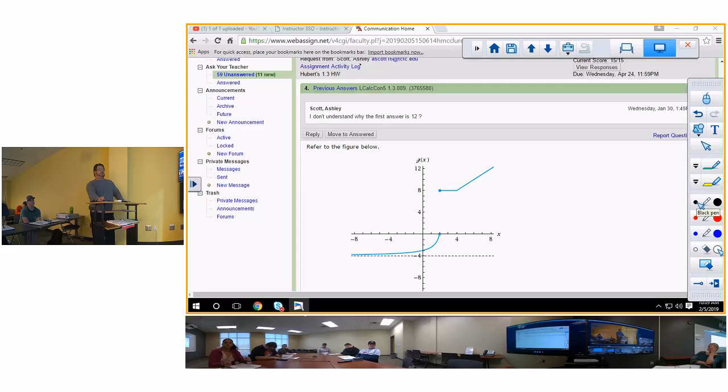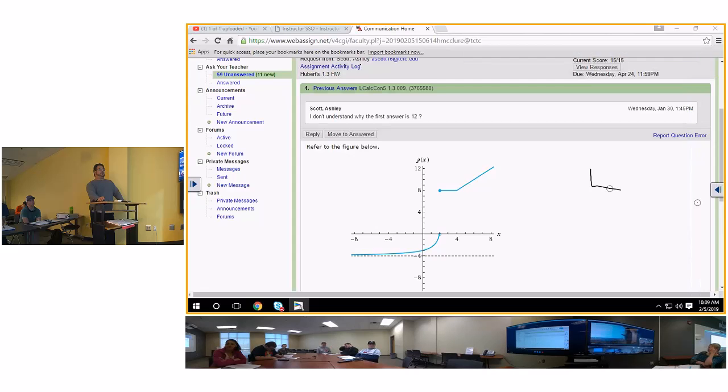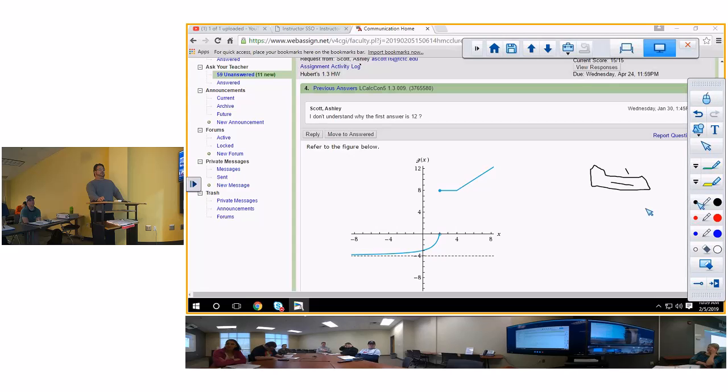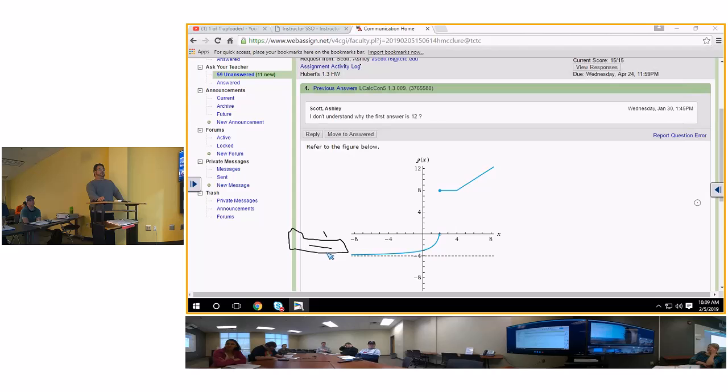All right, which way do we read? Left to right. So what is this function doing from here? Let's take a look, and we read from left to right. So what is this function doing, at least until there?